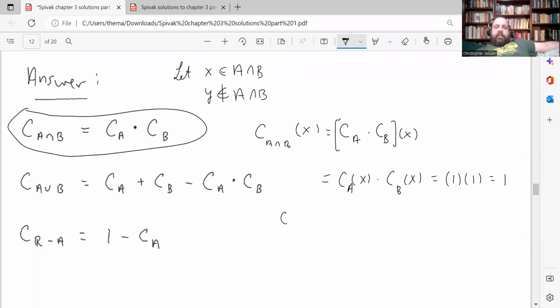And if we evaluate the indicator of A intersect B at the value Y, that's again defined like this.